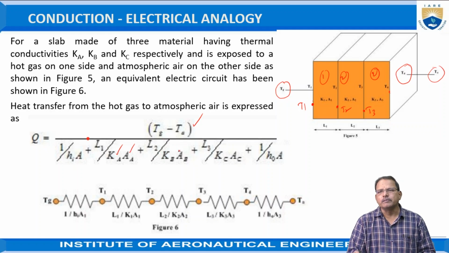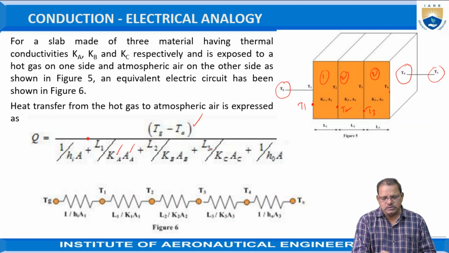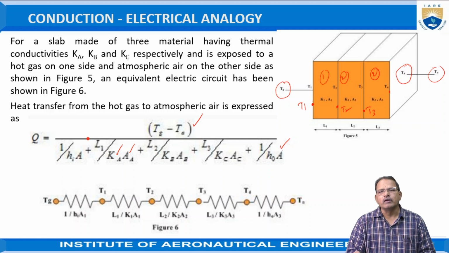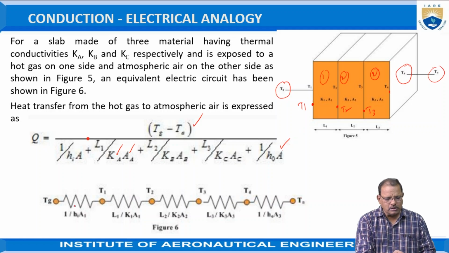Similarly, L2 is the thickness of the second material divided by K2 A2, plus L3 divided by K3 A3, plus the last one, which is again the thermal resistance for the convection process, 1 by H0 A0.